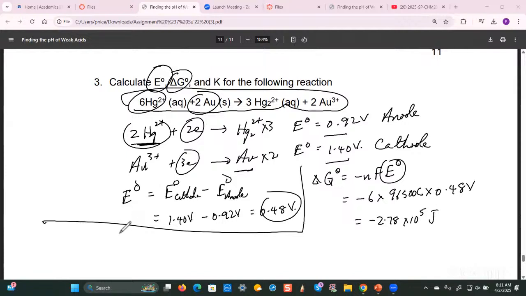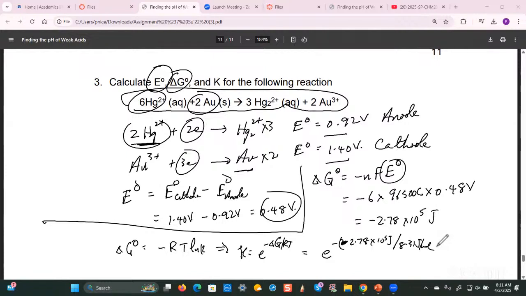So for the K part now, remember delta G standard is equal to minus RT ln K. So K would be equal to e to the minus delta G over RT, which would be e to the minus delta G, which is minus 2.78 times 10 to the 5 joules, divided by R, which is 8.31 joules per mole Kelvin, times the temperature, which is 298 Kelvin, all right?